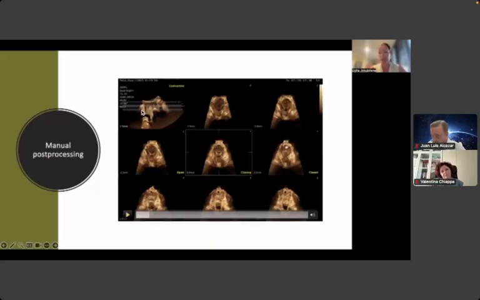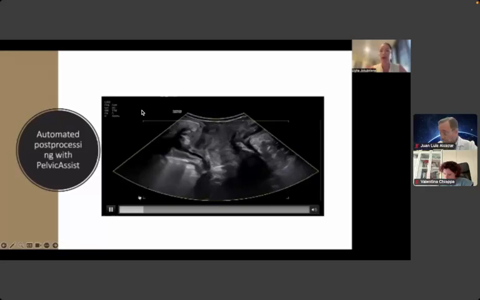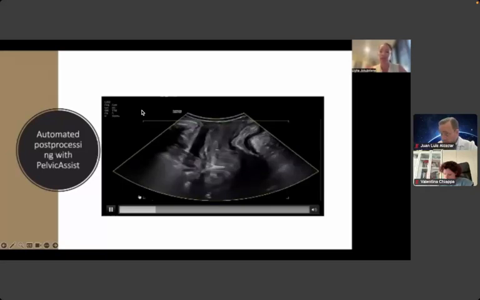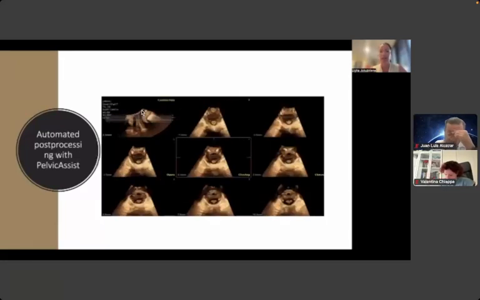If we do it automatically, the system helps us to find this correct level, and you can use for it pelvic assist, which is integrated in the ultrasound machine. Again, we find the mid-sagittal view, activate 3D ultrasound, and press the button for pelvic assist, and the system generates the image and finds the correct level for the reference line.